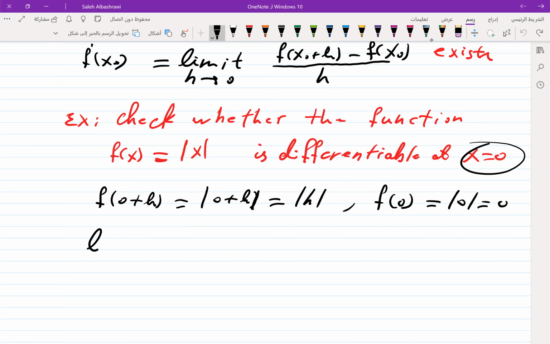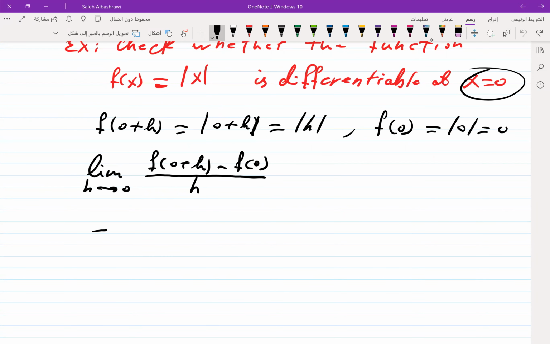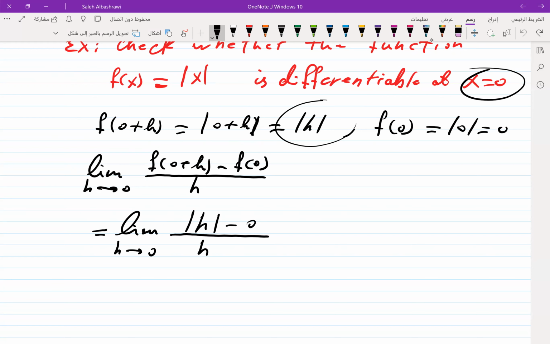So the limit of f of 0 plus h minus f of 0 divided by h, where h goes to 0, is equal to the limit of absolute value of h minus 0 divided by h, where h goes to 0.